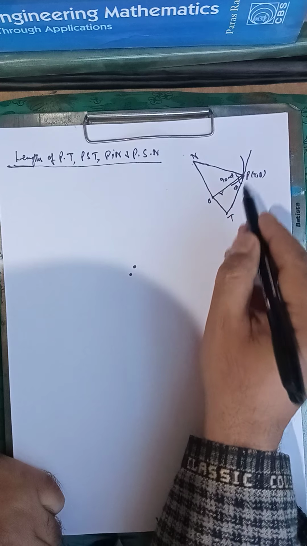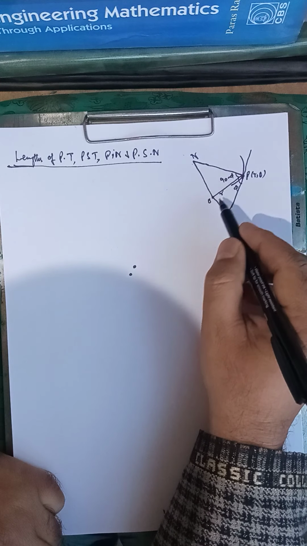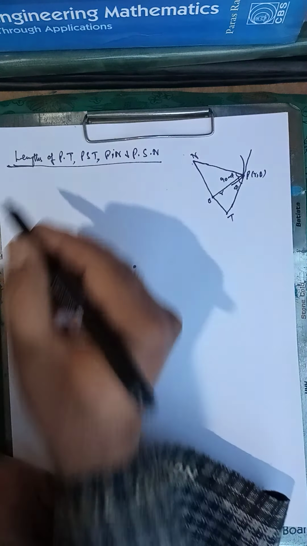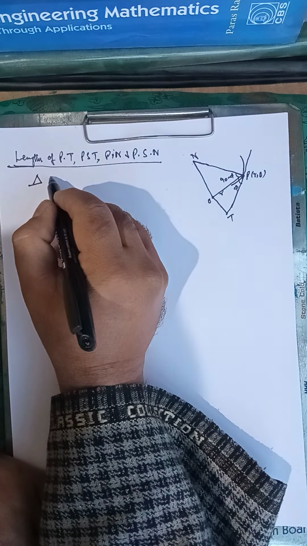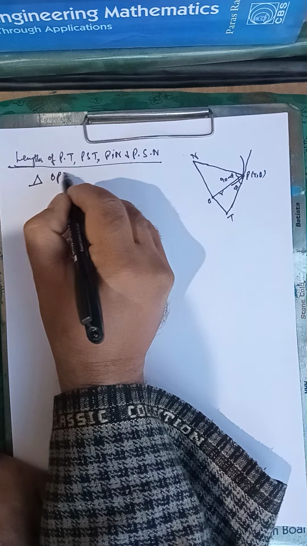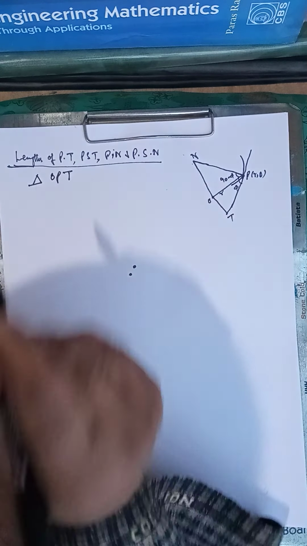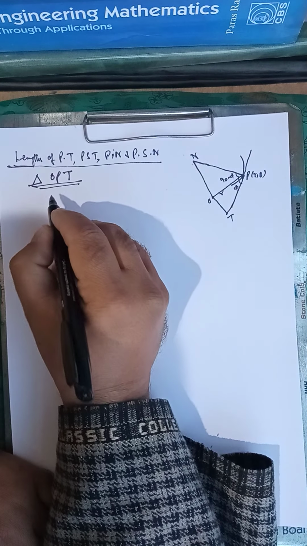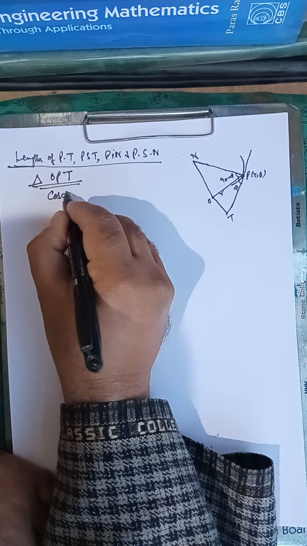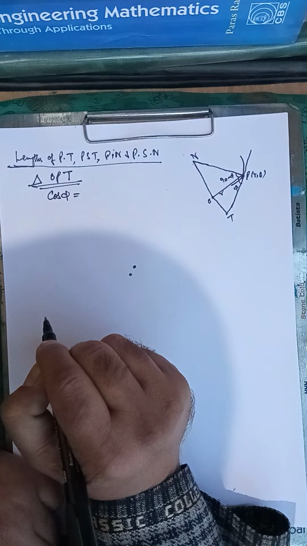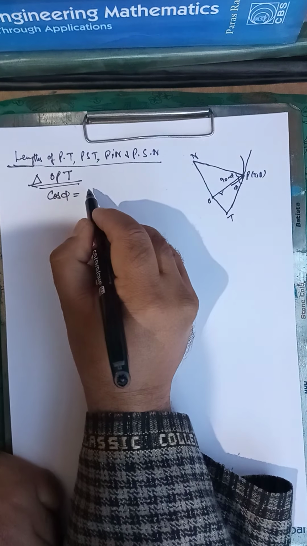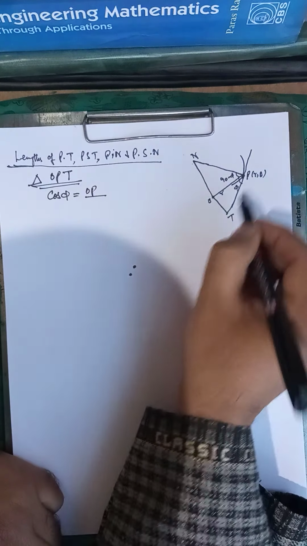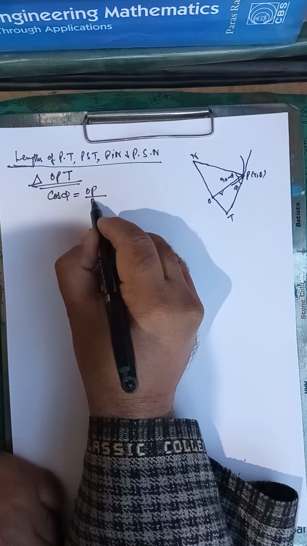From this, there was a confusion with regard to the triangle. Now let me take this triangle OPT, or TPO. From this triangle you can see what cos phi is: base by hypotenuse. Base is OP and hypotenuse is PT.